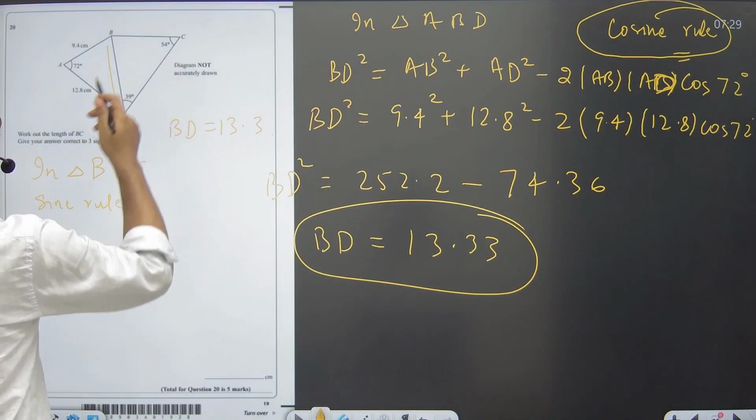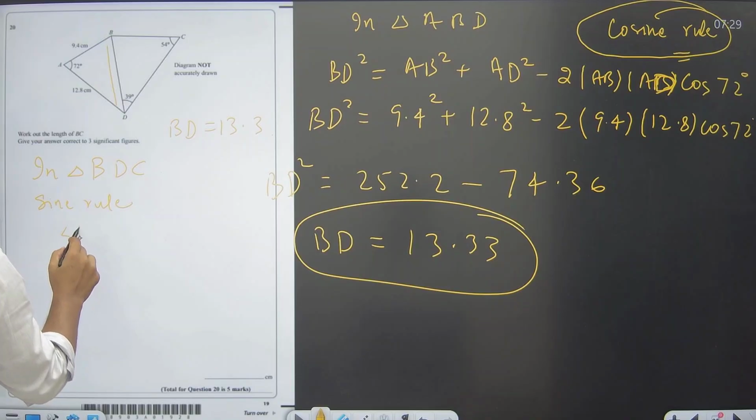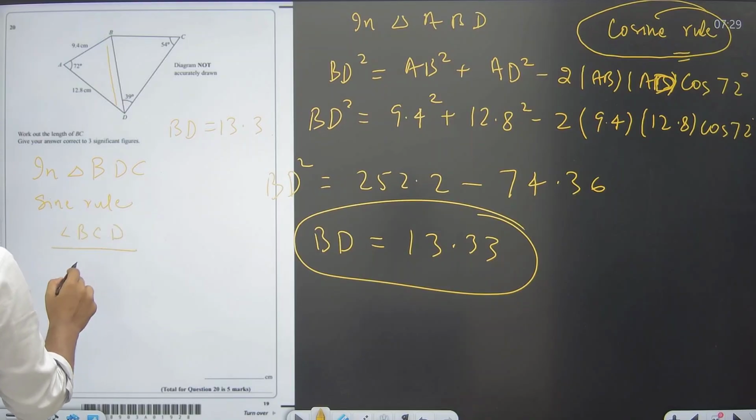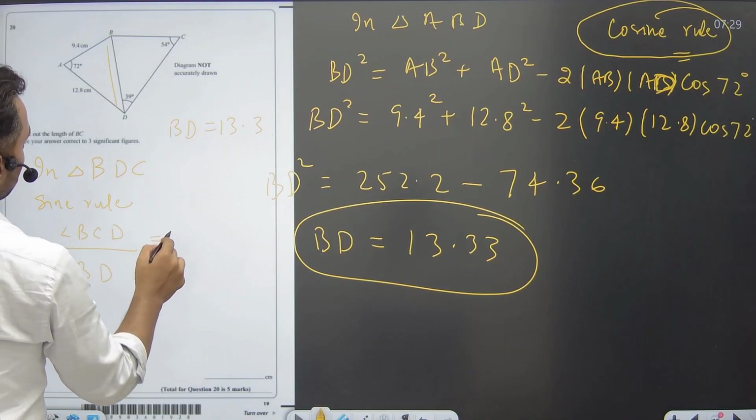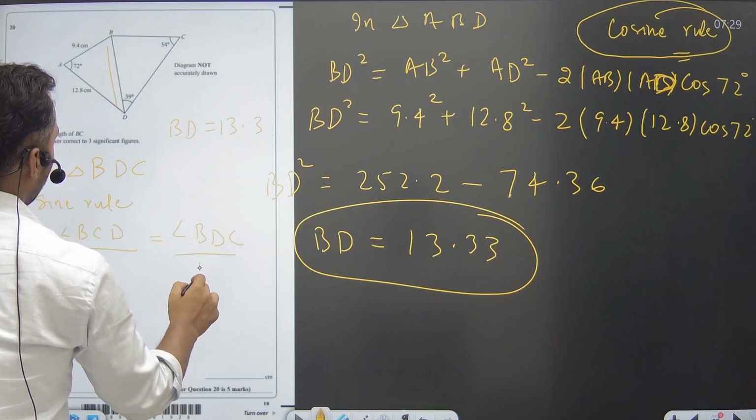So if we apply the sine rule here, sine of angle BCD upon BD will be equal to sine of angle BDC upon BC.